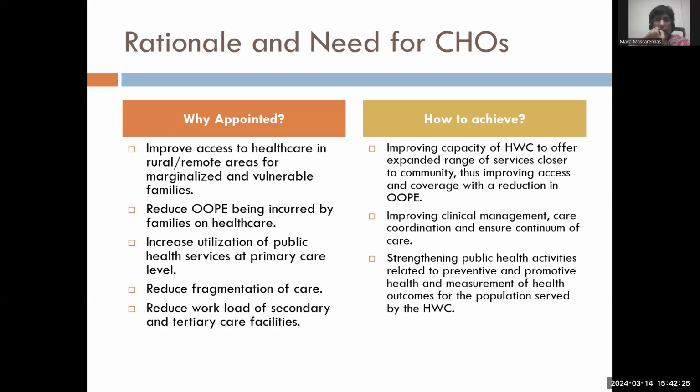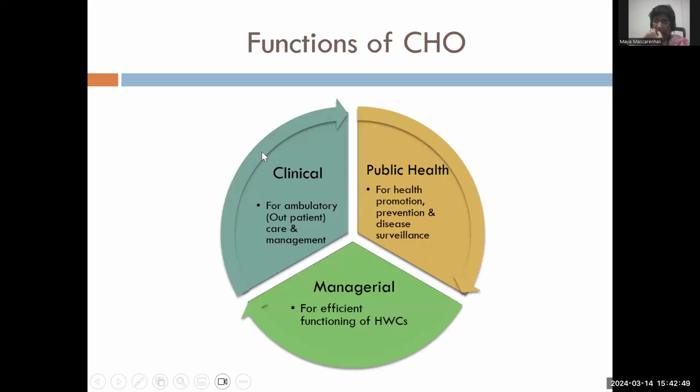Then they can use a lot of these services that are available. There are so many services, sometimes we don't know. New programs are starting all the time, and it will reduce the load on the secondary level. Why should a specialist see one cough and cold? Why should a specialist spend their time treating one simple wound? Okay. So these are the important reasons why we have.